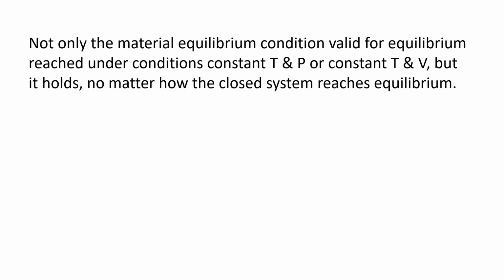Under these two conditions the equation for material equilibrium is the same. But it holds no matter how the closed system reaches equilibrium. Whatever way it reaches equilibrium, this material equilibrium equation is the same.